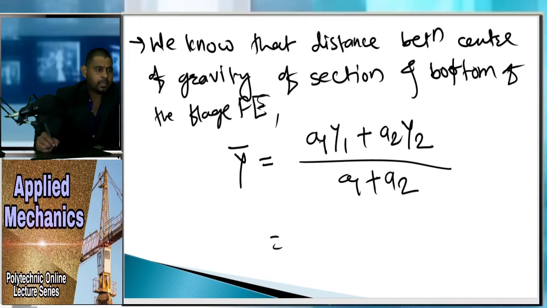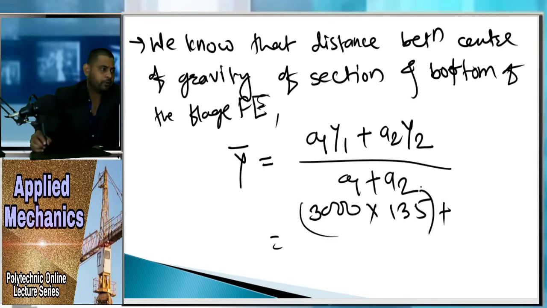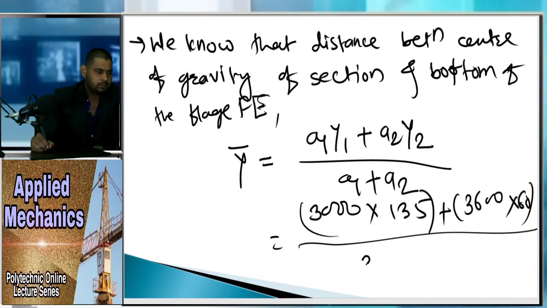So here a1 y1 is nothing but the value of a1 is 3000 multiplied by the value of y1 which is 135, plus the value of a2 is 3600 multiplied by the value of y2 which is nothing but 60, divided by 3000 a1 plus 3600 a2.